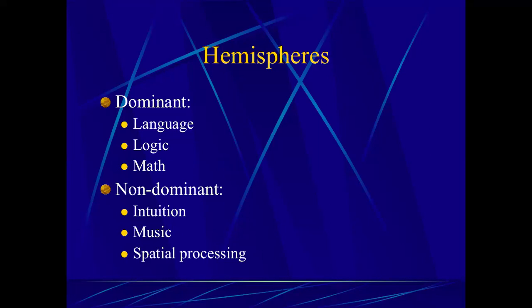In the non-dominant hemisphere, you're going to see things like music, intuition, and spatial processing. Now, it doesn't mean that this is an exhaustive list. These are just a few things. But for a right-handed person, this is the frame of reference.